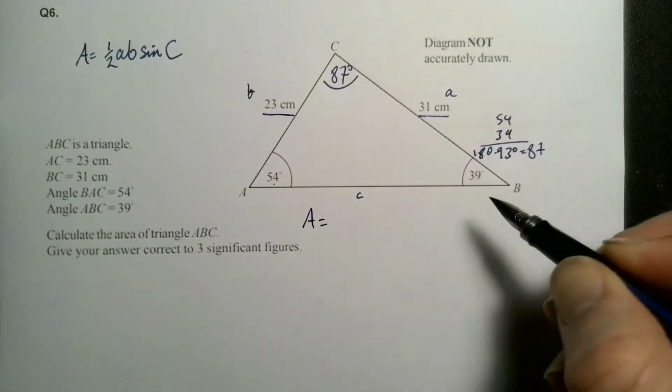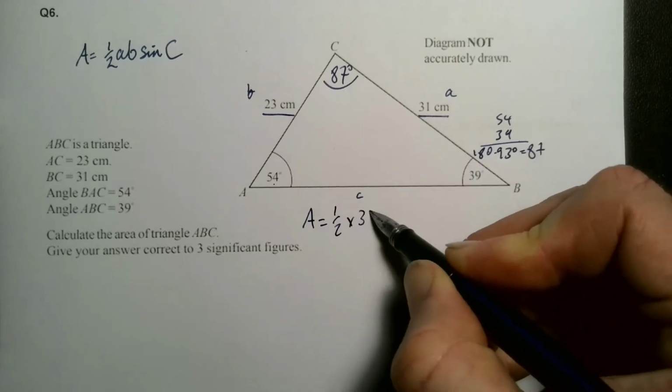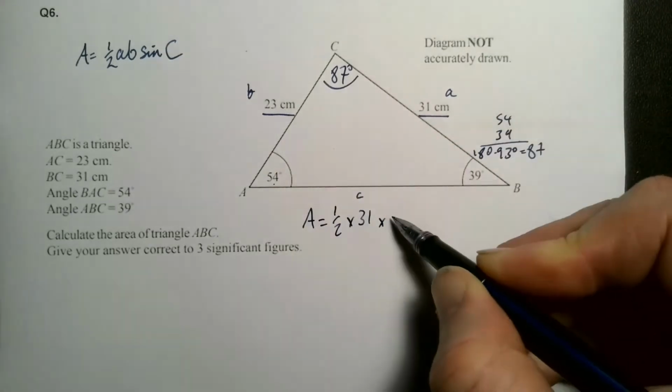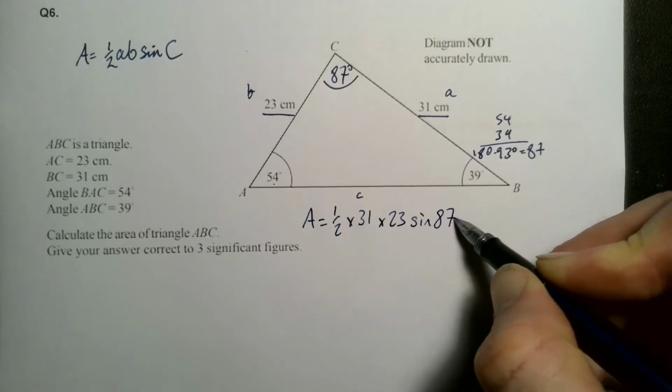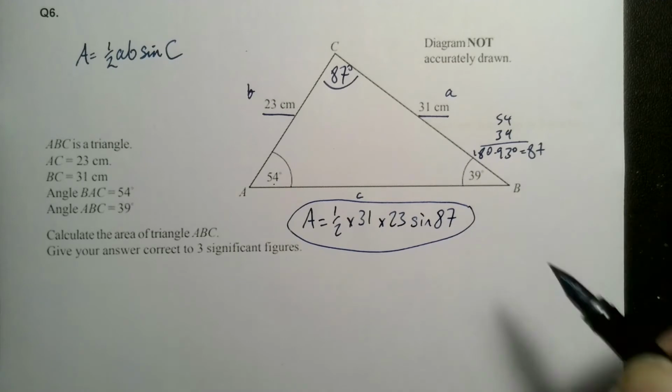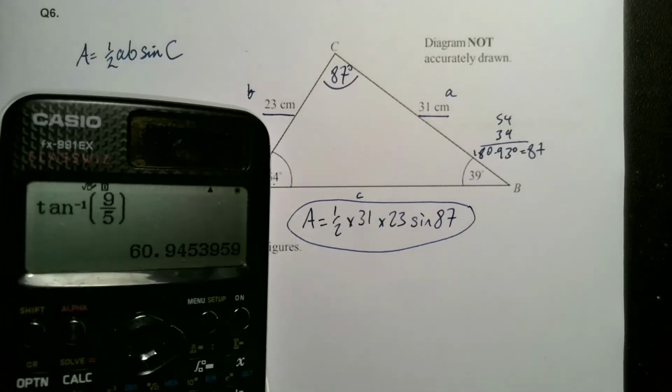So our area is going to be a half times 31 times 23 sin 87. So whack that into the calculator exactly like that.